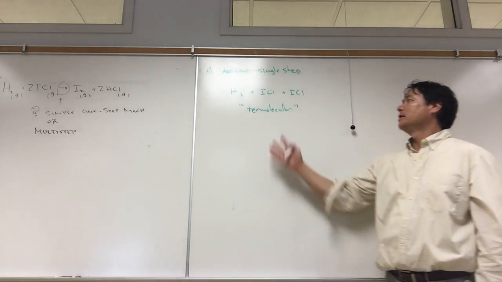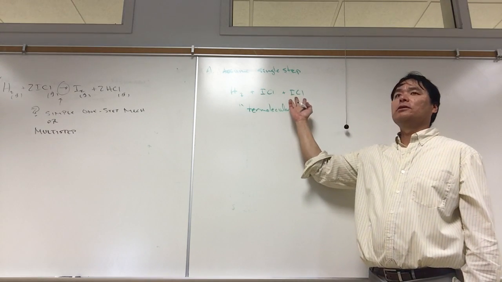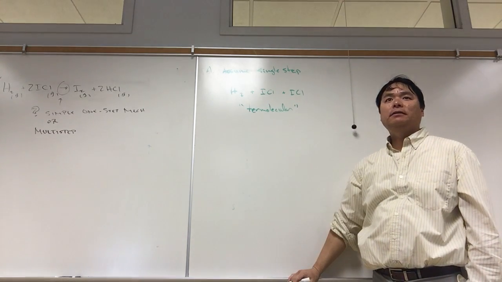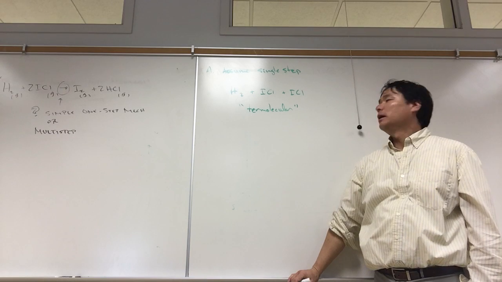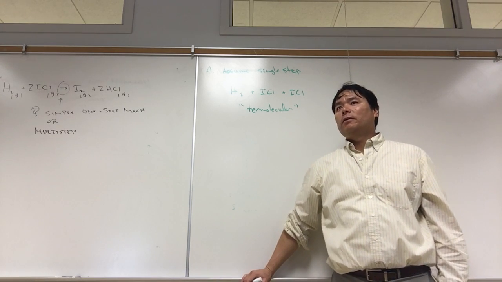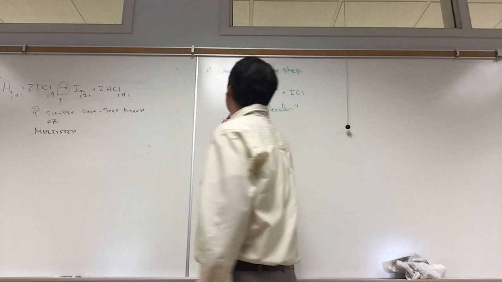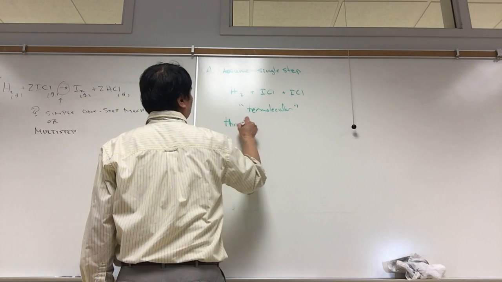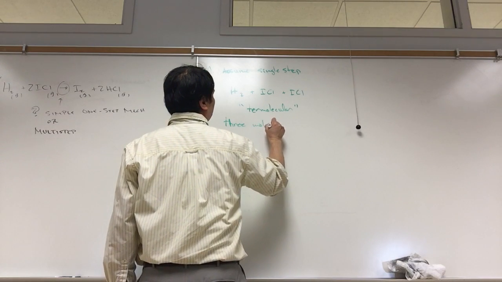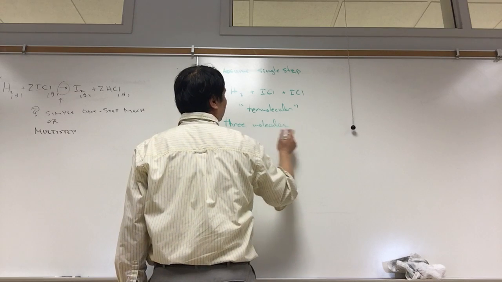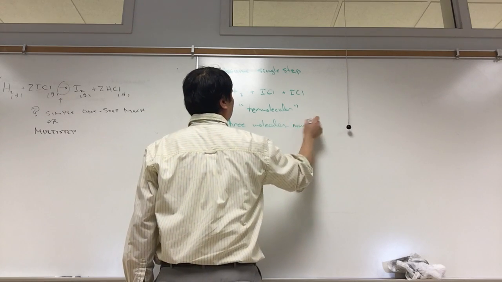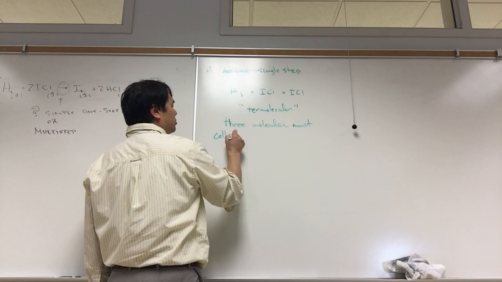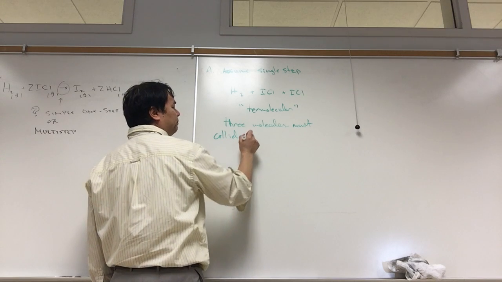It's termolecular because three molecules have to collide. Don't they have to align right and all that kind of stuff? Right. Not really, three molecules must collide. But there are restrictions on the collision to be successful.